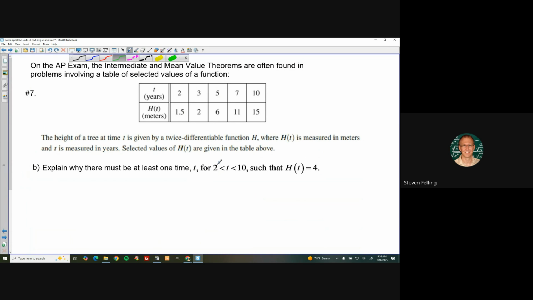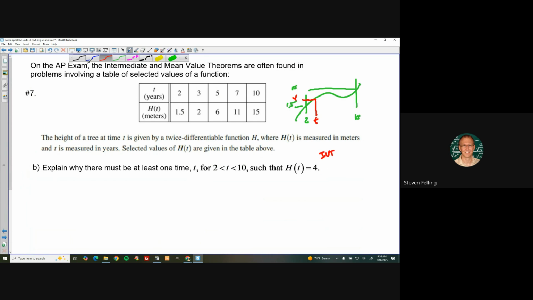So this is from 2 to 10, because this one, the intermediate value theorem will work because 4 is in between. So now we're just saying that if this is a continuous function, if I plug 2 in and I get 1.5, and I plug 10 in for x and I get 15, since 4 is in between there has to be some value in here that produces that 4. This is the intermediate value theorem for this problem.